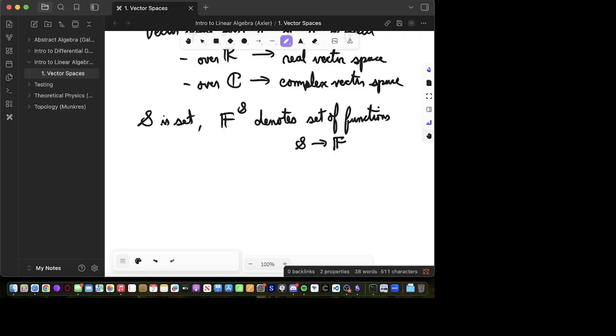For instance, if we have two functions like so, that's how we define f plus g.